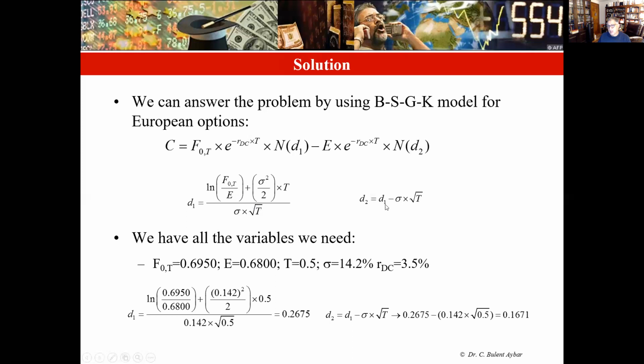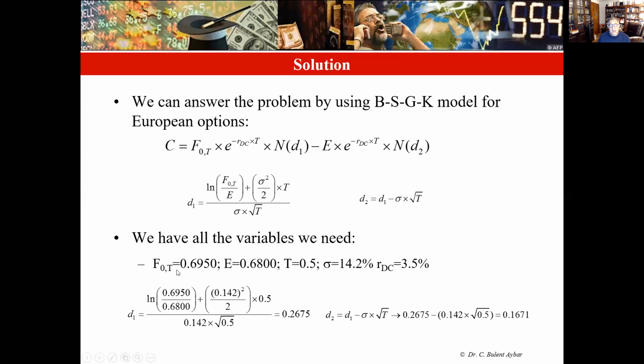So it is an adjusted figure in here. The data that we have allows us to calculate all the parameters in here, and we can calculate D1 and D2. The only other thing that we need to do is to evaluate these standard normal probabilities, and I'm going to show you how we're going to do that.